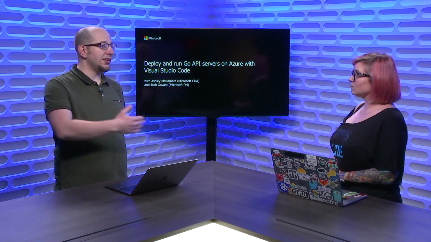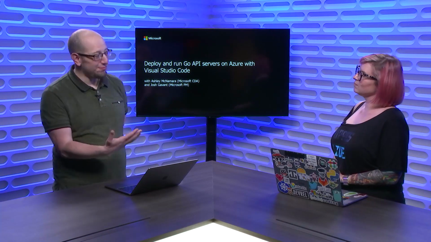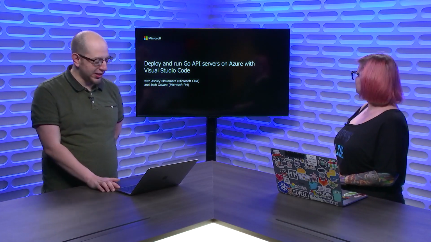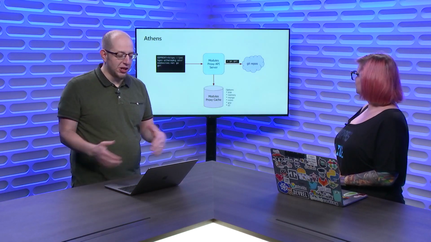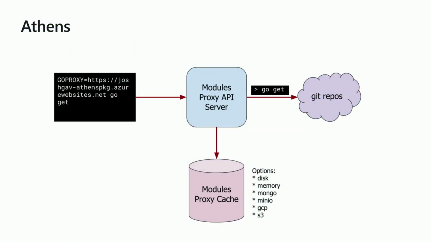I was thinking it would help to let people know how Athens works a little bit, and then we'll dive into a couple examples. So Athens is a modules proxy, which basically means it goes and does your go get for you, pulls the code down from the repo, then caches it into some backend storage. Could be disk, could be memory, could be Mongo.